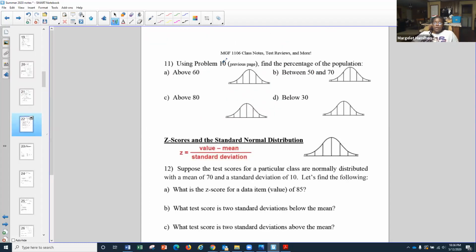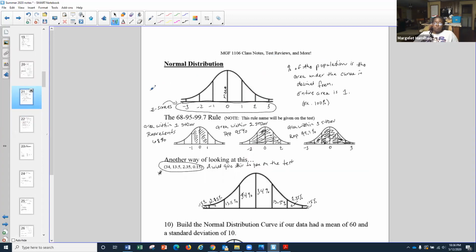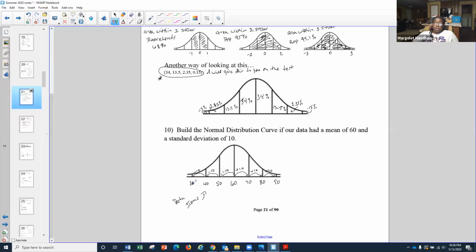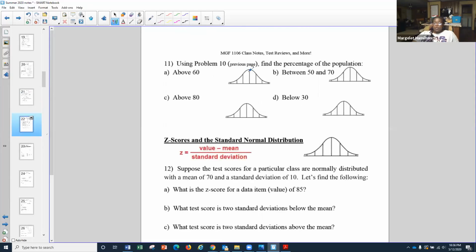All right, using problem 10, we just did it. They want us to answer these questions. Find the percentage of the population above 60. Now, remember, this is our graph. These are the values that we got. So we may want to transition this over so we can make sure we remember. So remember, 60 was our mean.